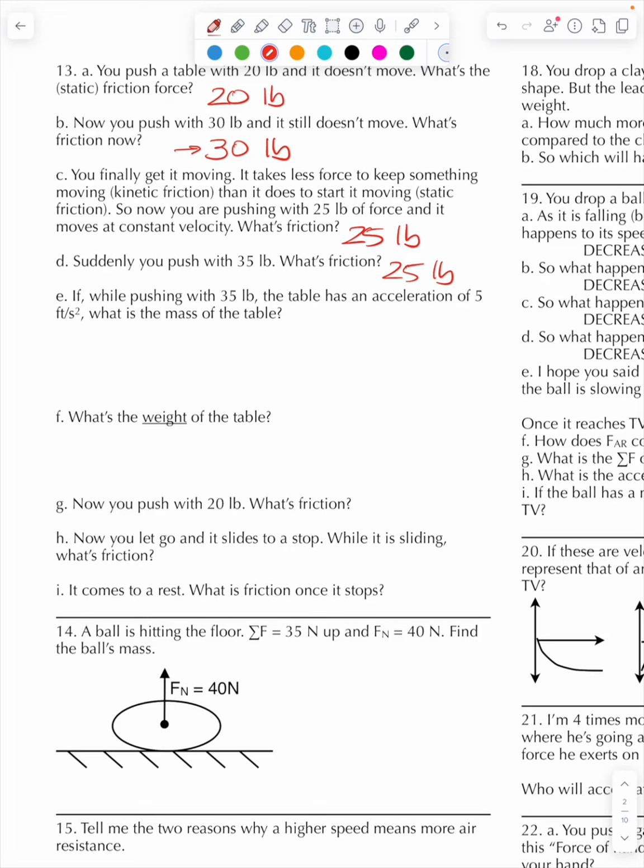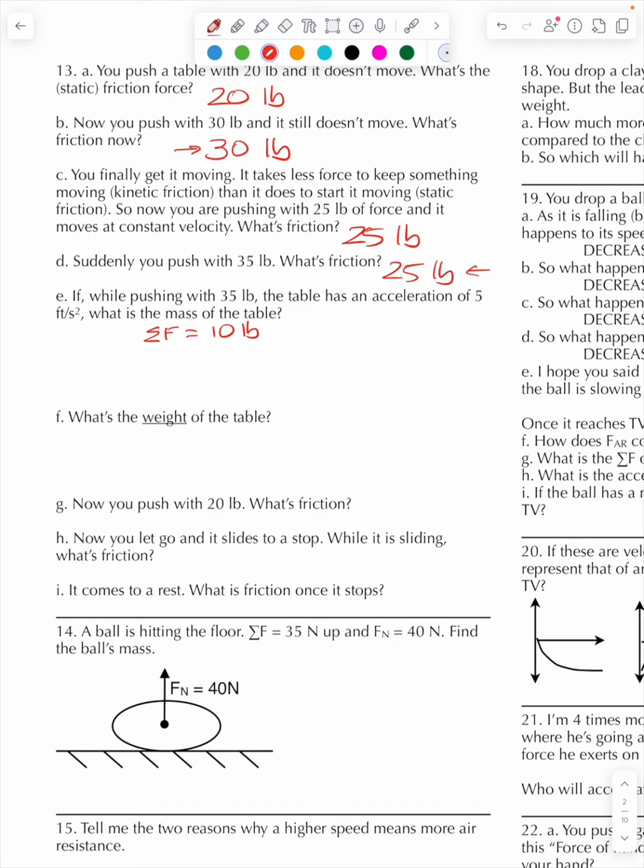If, while pushing with 35 pounds, the table has an acceleration of 5 feet per second squared, what's the mass of the table? Ooh, I just threw in a calculation problem here. If I'm pushing with 35 pounds, we just identified that friction is 25 pounds. So there is a net force on it. The net force is going to be 10 pounds. I won't worry about direction here.